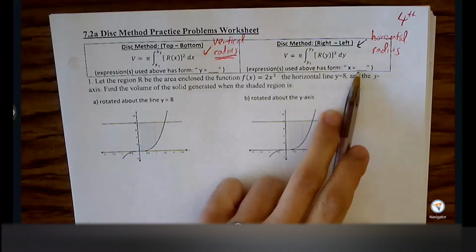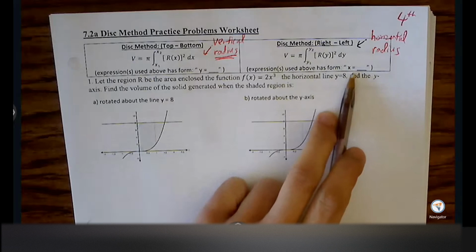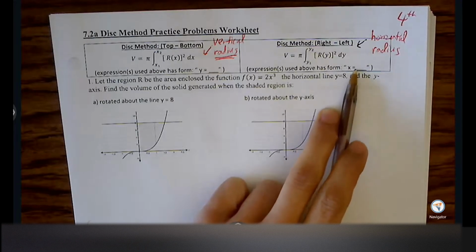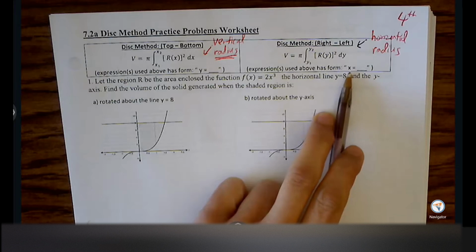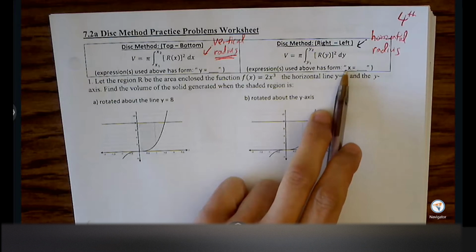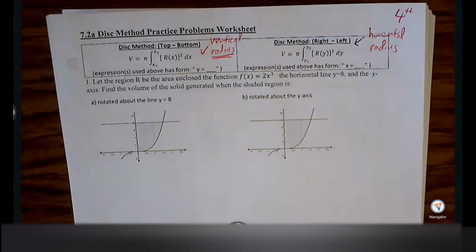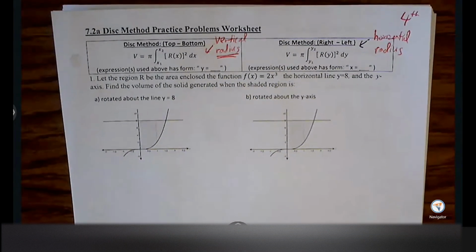The equations have to change as well, and that's an additional step that a lot of students either forget about or don't realize. So we have to make sure that our forms are proper, and a lot of times that requires us to rewrite the equation that's given to us at the beginning. Okay, so we'll explore both types as we look at these problems.